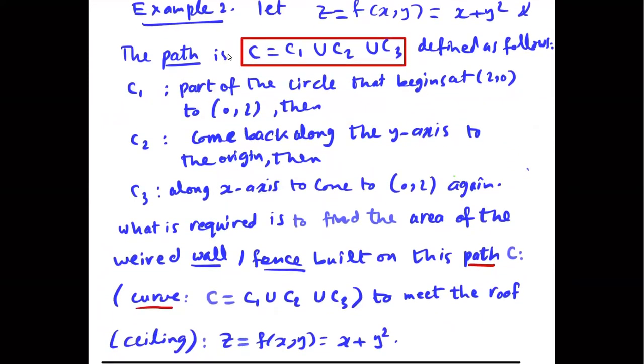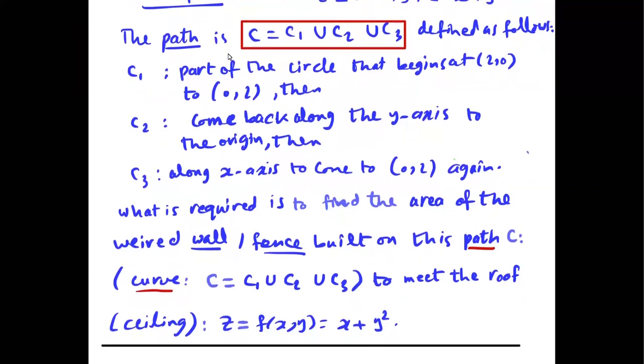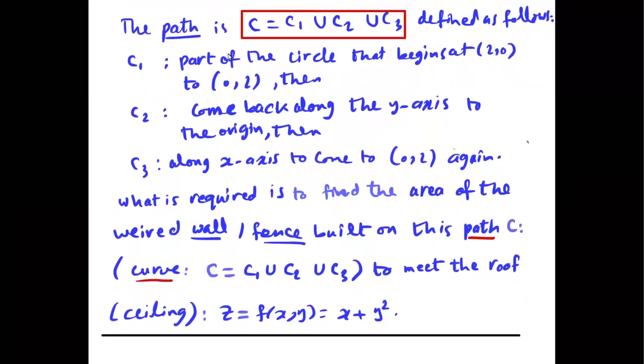This path is formed of the union of these three pieces of curves, maybe line segments, maybe curves, whatever. We move on each part of the curve and substitute for the parametric form of this curve and compute the integral as before.